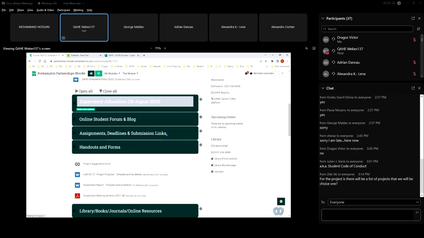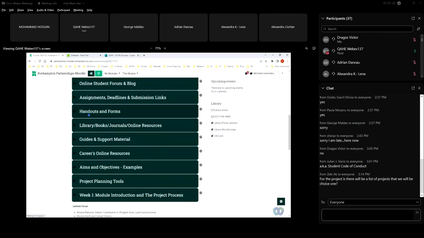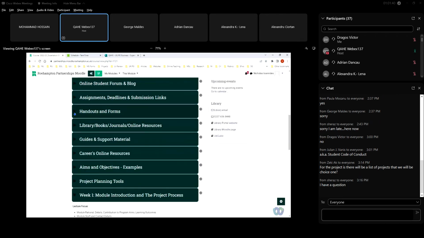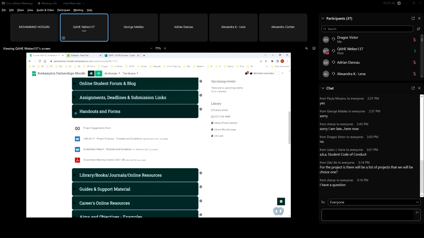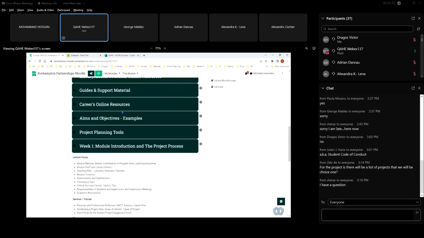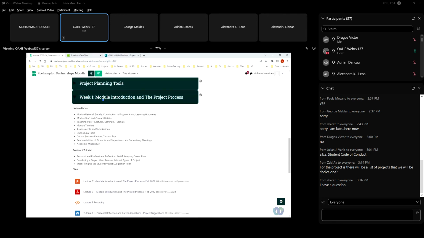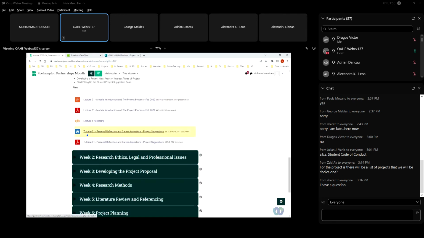When you scroll down, you come to the point where it says handouts and forms. Go to week 1. There it is, week 1. Scroll down, you come to this tutorial here. Click there, open it up.